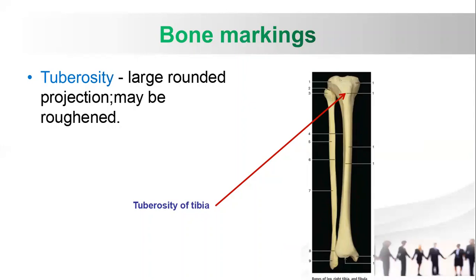When you try to touch your leg on the proximal part, just underneath your skin, you'll be able to palpate a hard structure, and that's called the tibial tuberosity.